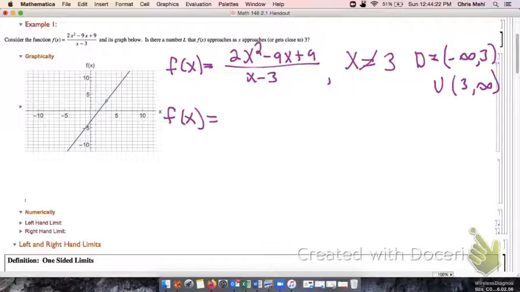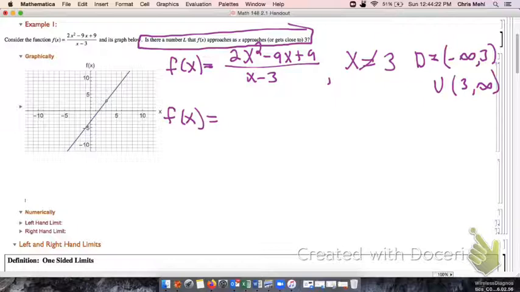So I'll get to the question in just a second. You have this rational function, and if I read the question, is there a number L that f of x approaches as x approaches or gets close to positive 3? So again, this is basically saying, is there a limit at 3?